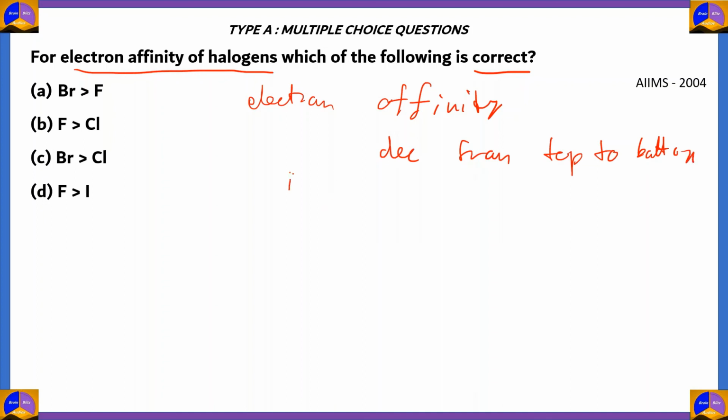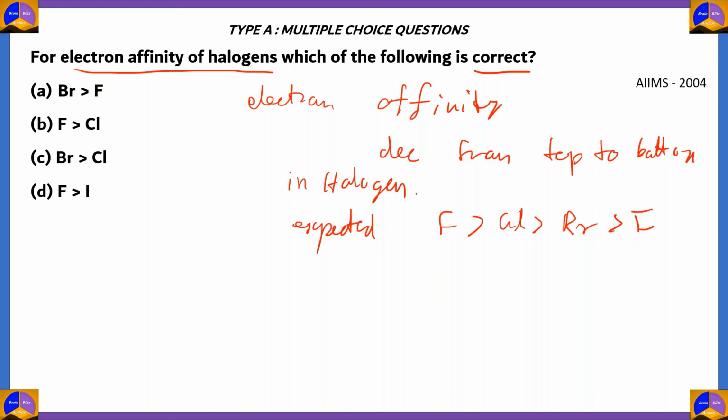But in halogens, while the expected order is F greater than Cl greater than Br greater than I, this is not true. The actual order is Cl greater than F greater than Br greater than I.